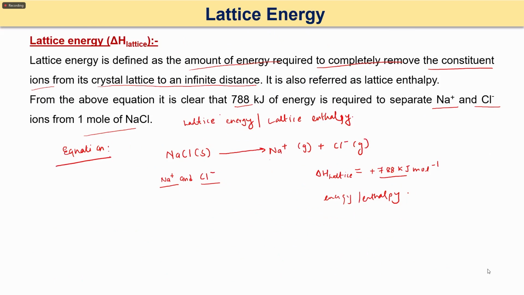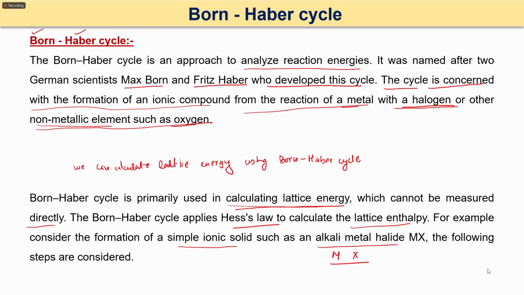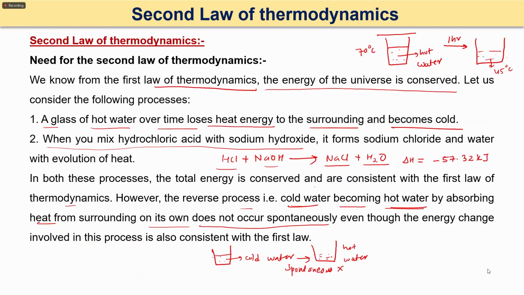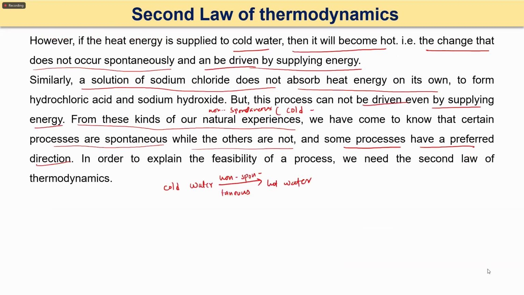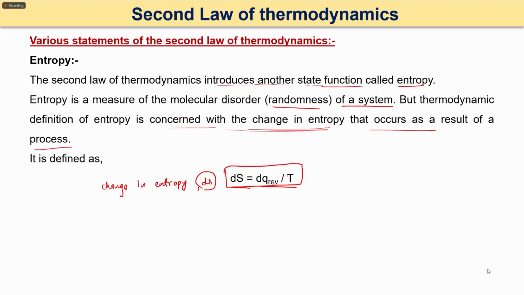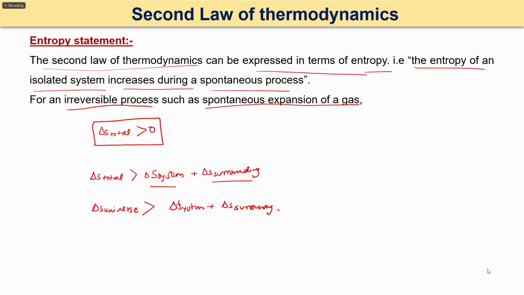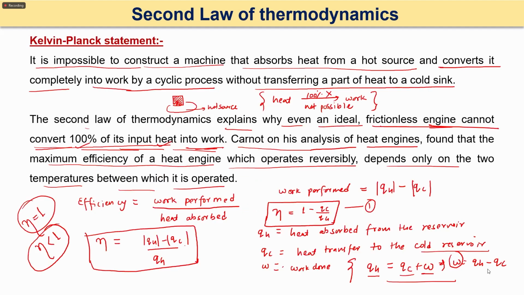First we studied the lattice energy, then how to calculate the lattice energy or enthalpy using the Born-Haber cycle, and after that we came to the second law of thermodynamics, studied its need and the statements of this law, and then we studied entropy, and after that the Kelvin Planck statement.